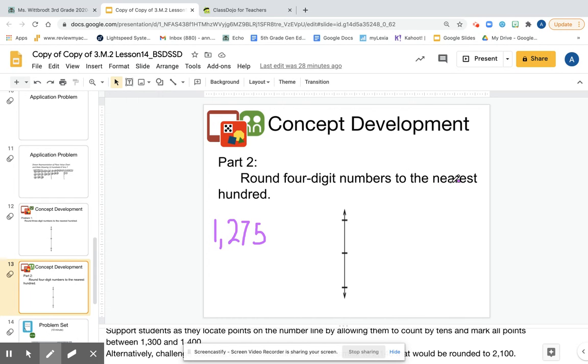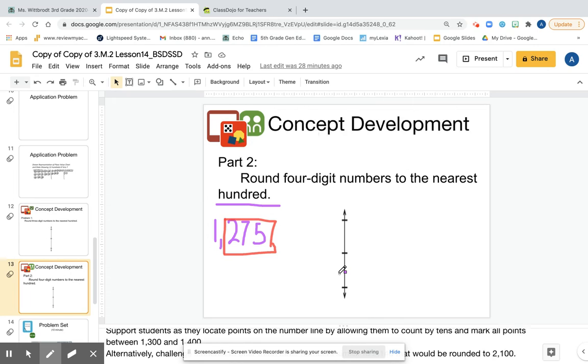So again, I'm still only rounding to the nearest 100, so I kind of forget about this for a little bit. I do need to include it on my number line, but I can kind of put it out of my head for a second because I know I'm just rounding to the nearest 100, so I'm really just focusing on these 3 digits right here in the ones, the tens, and the hundreds place.